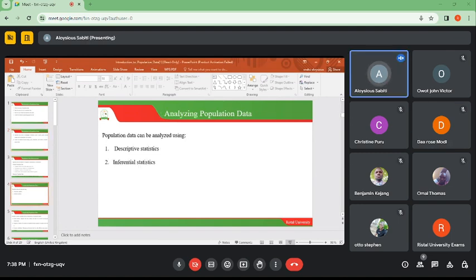Okay, let me just adjust here. It's not moving for everyone, because I can see in my presentation here that they're moving. The slides are not moving. I'm on analyzing population data.